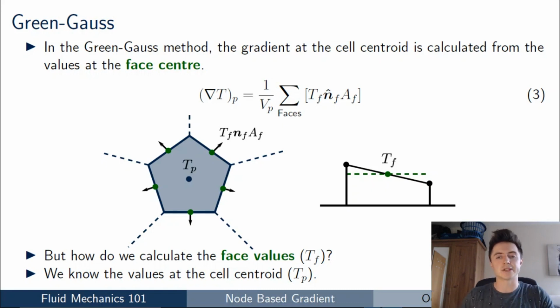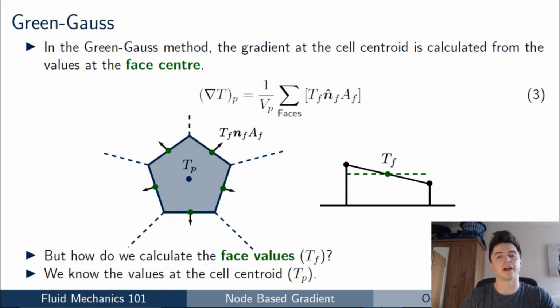But what the formula says is that the gradient at the centroid, that's grad T, P, is equal to the summation of the face values of the field that we're interested in. In this case, you've got TF, that's the temperature at the center of the face, multiplied by the unit normal vector on the face and multiplied by the area of the face.